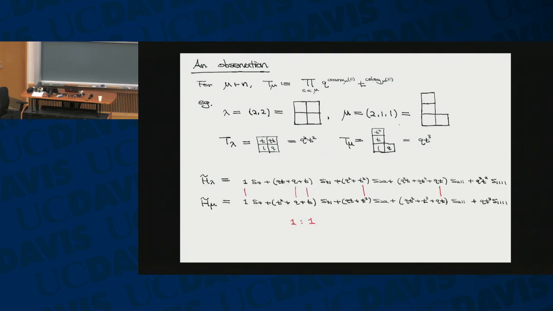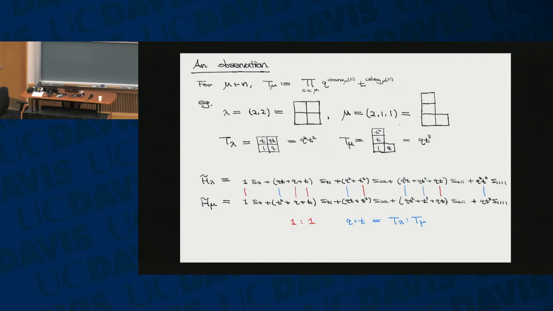If you write down the Schur expansion of these two partitions, one thing you can observe is that, if you order the monomials properly, some of the monomials are the same. So they are connected with red edges. And the other monomials have ratio Q over T. Or you could just say they have the ratio T lambda over T mu.